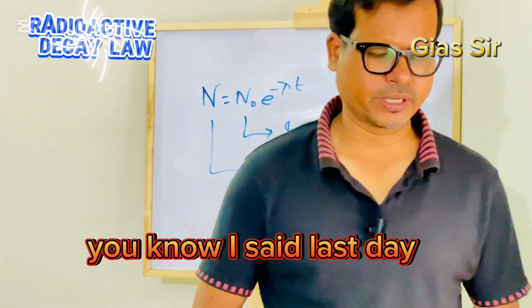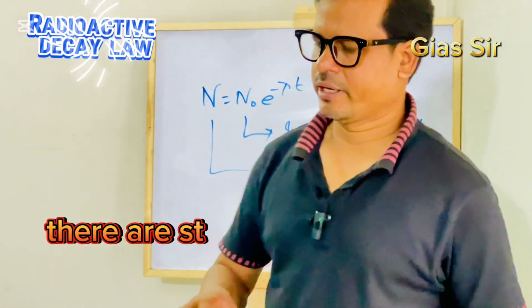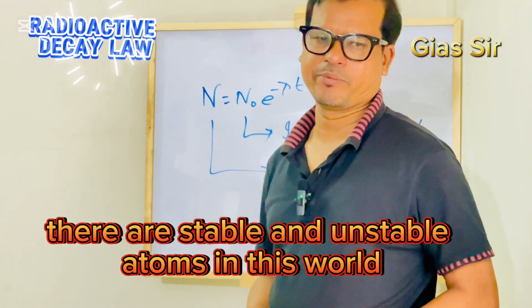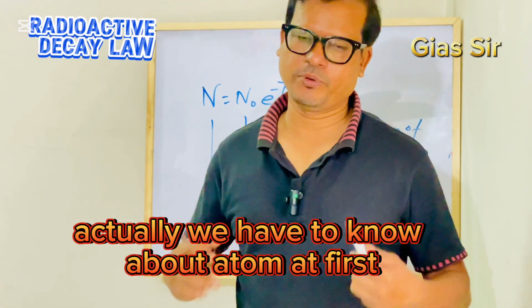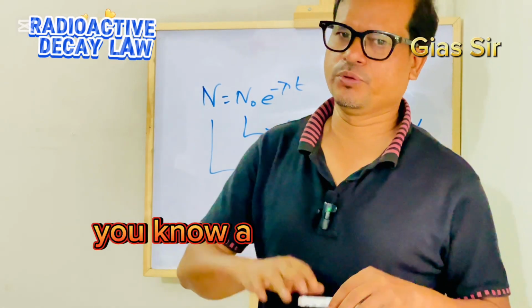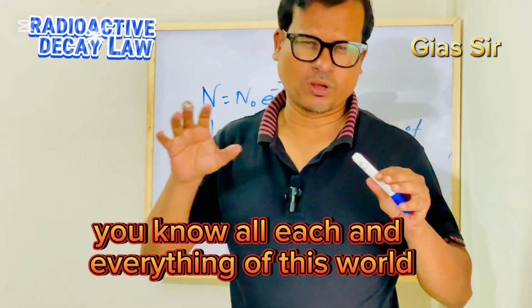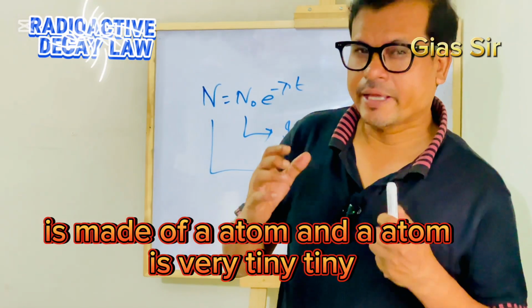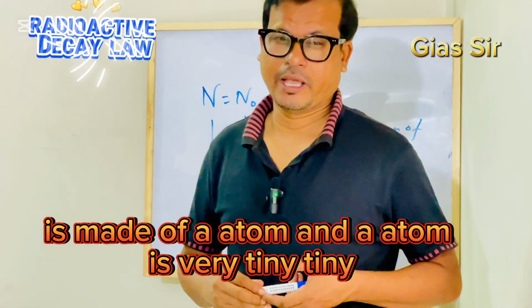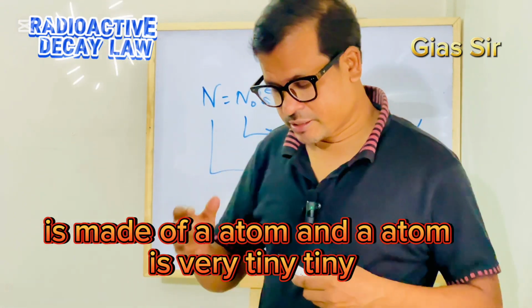I said last day there are stable and unstable atoms in this world. Actually, we have to know about the atom first. Each and everything of this world is made of atoms, and an atom is very tiny.